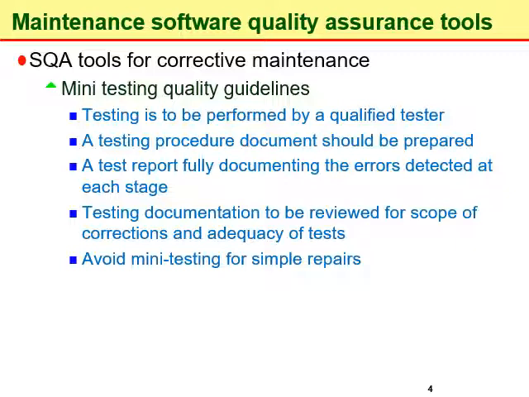The next guideline is that the testing documentation is to be reviewed for scope of corrections and adequacy of tests. That is, the testing team lead in fact needs to review the testing documentation for the scope of corrections, the adequacy of the test cases, and the testing results.